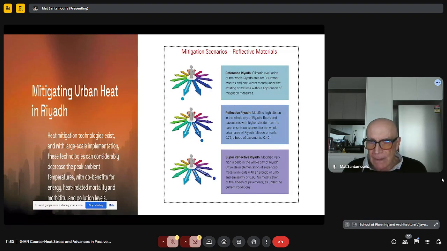But the major benefit of these materials is that they are not emitting over the whole infrared spectrum. The reflective materials that we use in the first scenario emit infrared radiation, and this is a loss. But this infrared radiation goes to the atmosphere, and the atmosphere, you have to know, is not transparent to this infrared radiation at every wavelength.